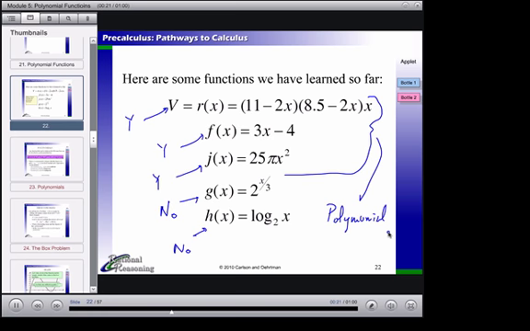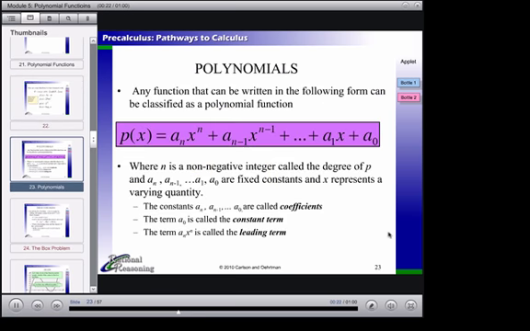Okay, well, let's take a look. So here's polynomials can be written in this form. This is called our standard form of a polynomial. So the pattern here is that we have a sum of terms.